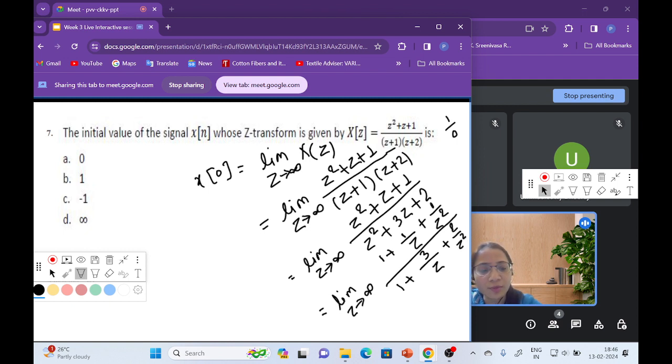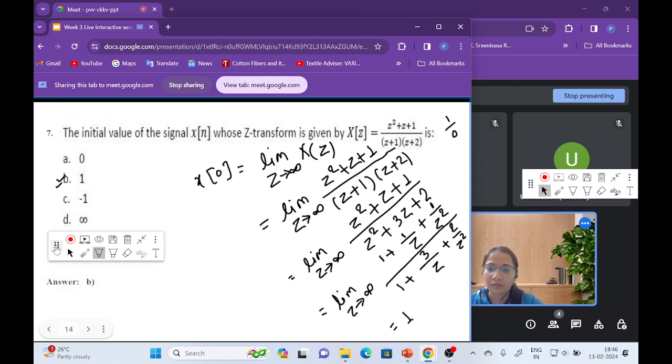Okay, so while putting z infinite, all of these values will be 0, only 1 will come. So the correct answer is option B, that is 1. Okay, great. So we will move on to the next question.